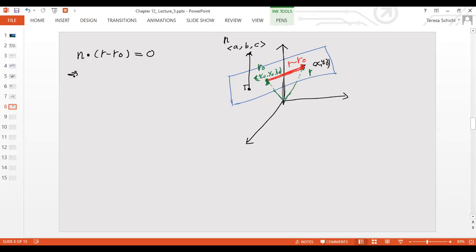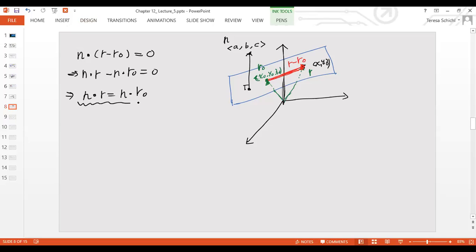So n dot r minus n dot r0 equals 0, so n dot r is going to equal n dot r0.